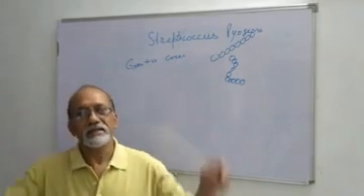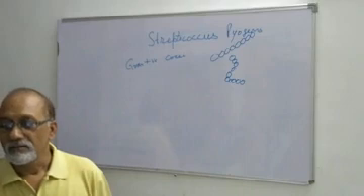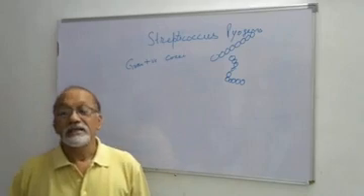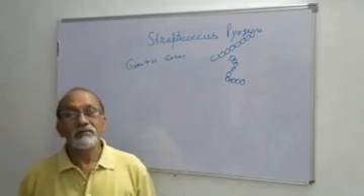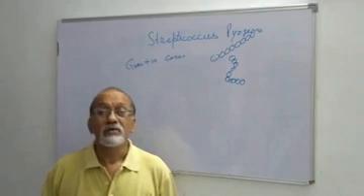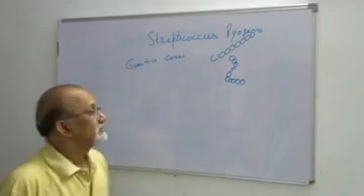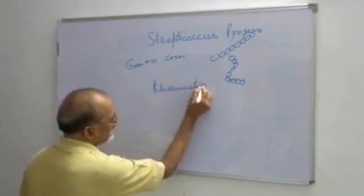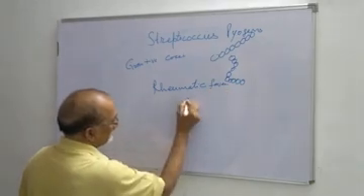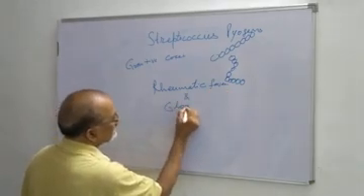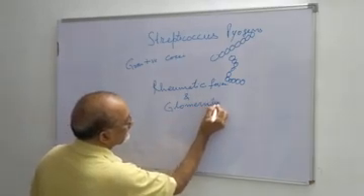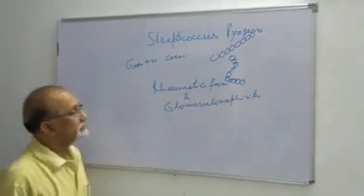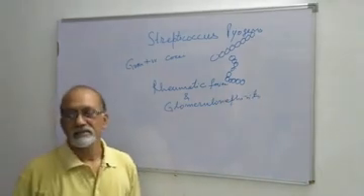It is not spreading here and there, but it is localized. In addition, it is responsible for the non-suppurative lesions, acute rheumatic fever and glomerulonephritis. These are the two diseases which are caused by Streptococcus pyogenes.